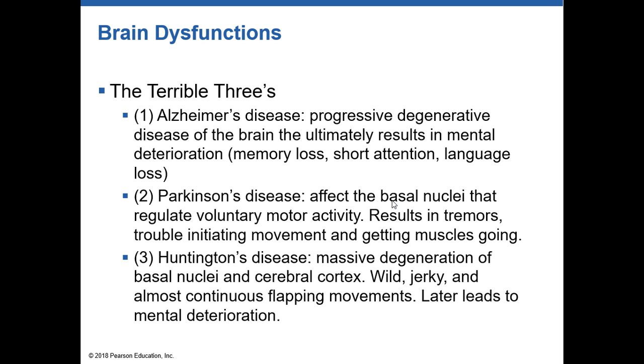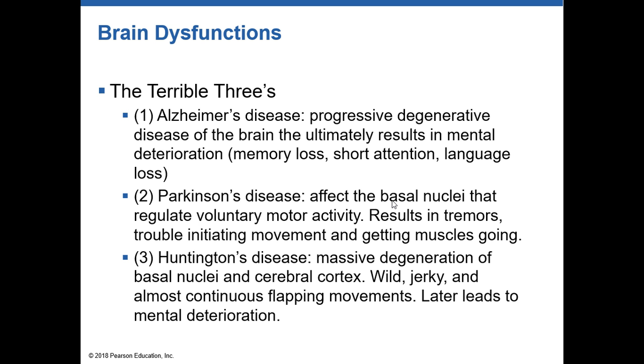The second and third ones, Parkinson's disease and Huntington's disease, are going to be degeneration of our mental ability, but they affect the basal nuclei. Remember, the basal nuclei are in control of modifying movement. They work with your primary motor control center, and they have opposite effects.